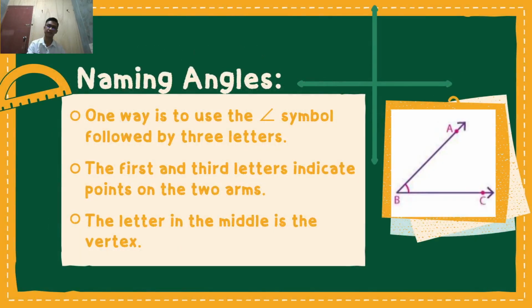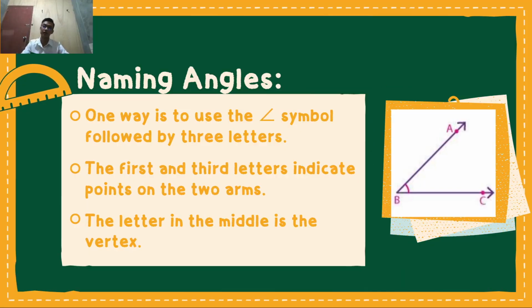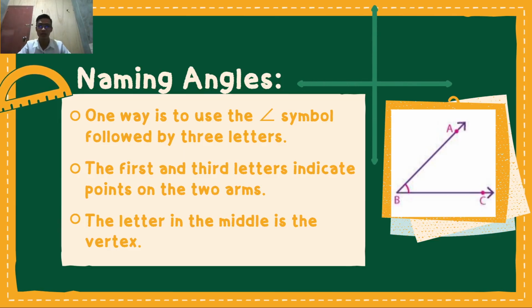On the next slide, as we name angles, we have one way, which is to use the angle symbol followed by three letters. As you can see on the right side of our presentation, we have A, B, C. Those are the three letters. The first and third letters indicate points on the two arms.